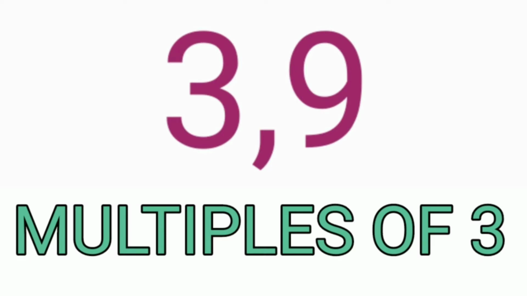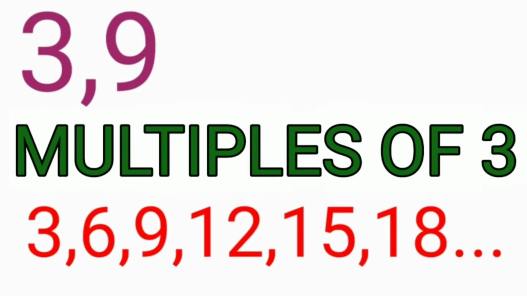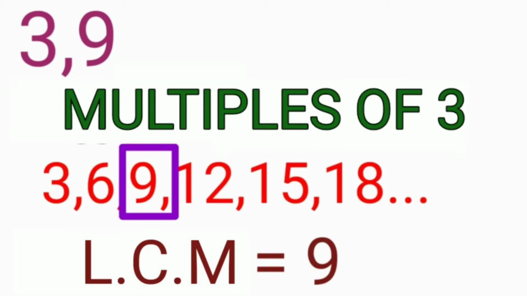Let us find the LCM for the numbers 3 and 9. If one number is a multiple of another number, then we must write the multiples of the smaller number. Here 3 is the smaller number, so we write the multiples of 3: 3, 6, 9, 12, 15, 18, etc. We have both 3 and 9 in the multiples of 3.